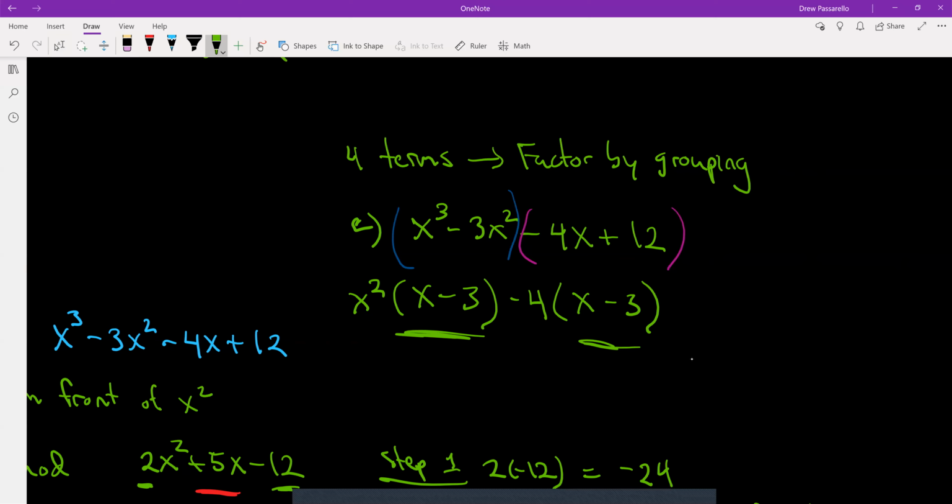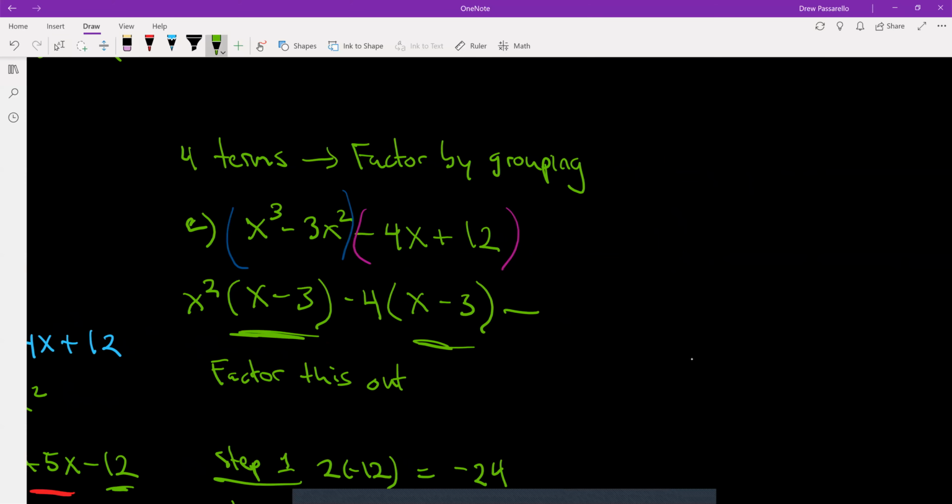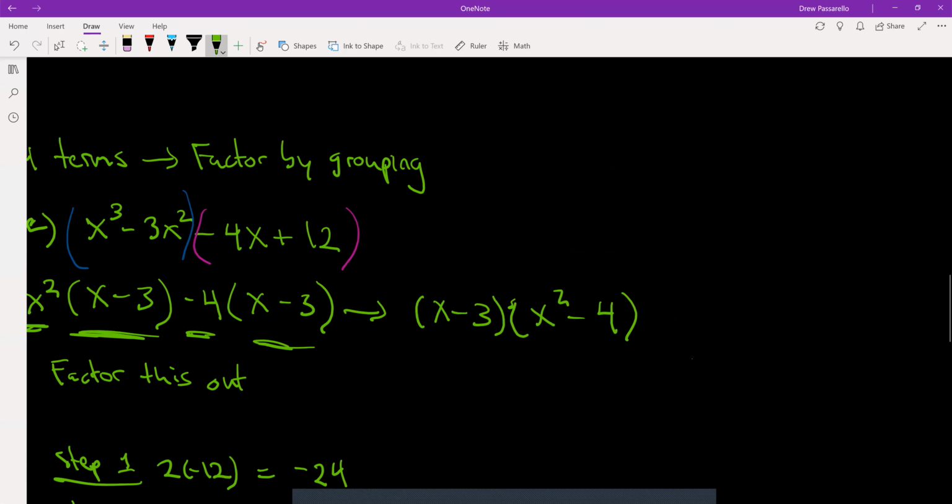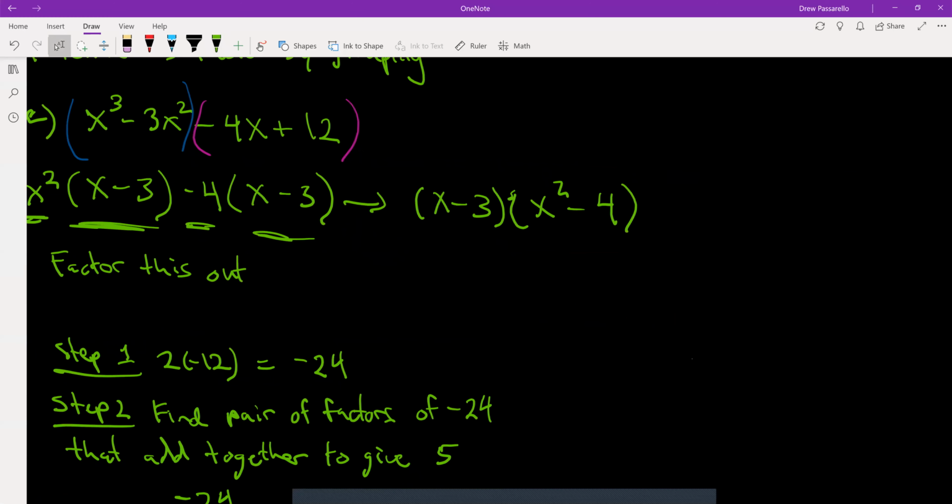So I factor that out. I have x minus 3 times, and I'm left with x squared minus 4. And I'm not done yet because x squared minus 4 is a difference of squares.